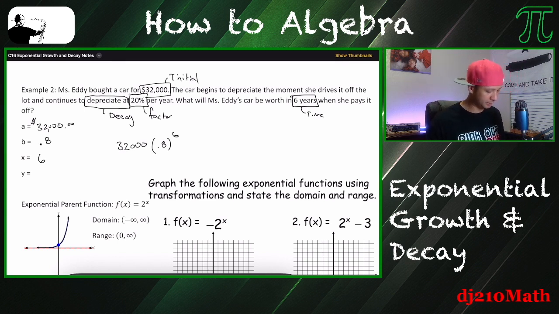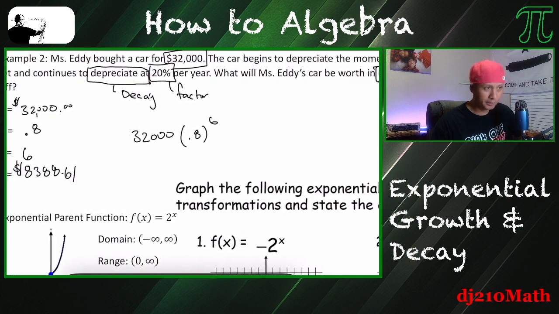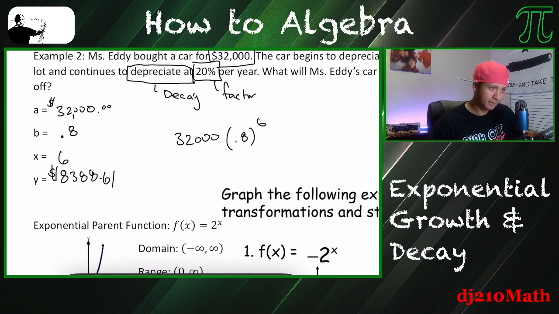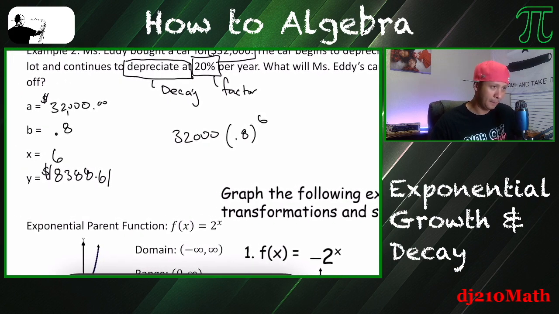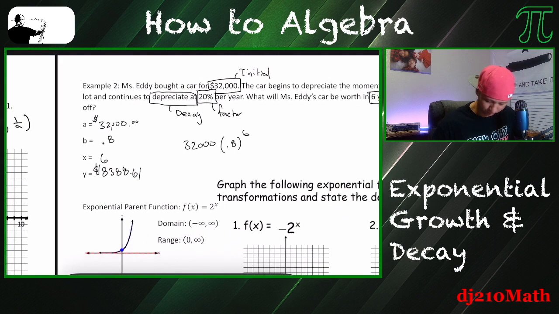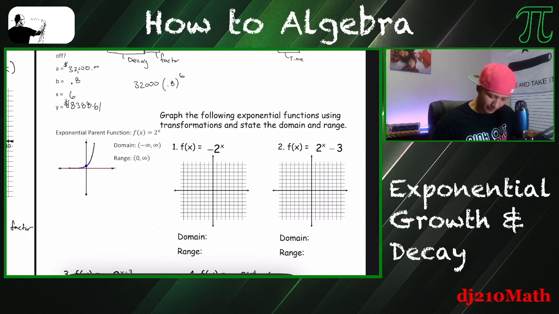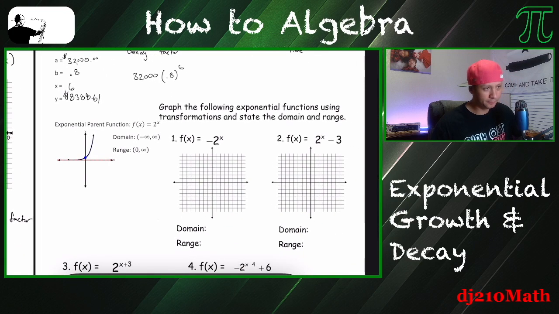Put this in the calculator. We're going to get $8,388.61. So that's the car depreciating 20% a year, and after 6 years, that's what it's going to be worth. It's kind of sad, actually. Okay. So that's as far as we got with the word problems.